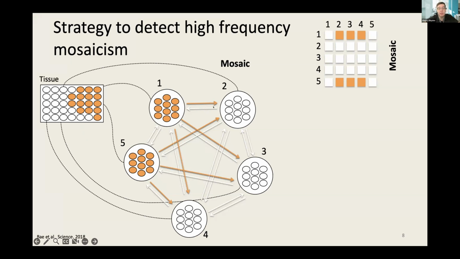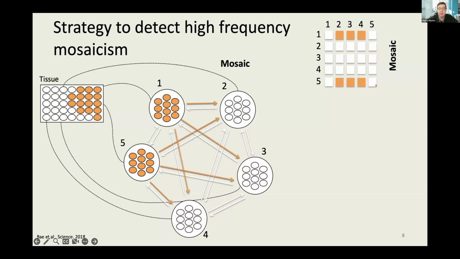Instead, we use an approach where we have multiple clones and compare them to each other. For a real mosaic somatic mutation, comparison of clone 1 to clones 2, 3, and 4 will identify it as a mutation. Similarly, for clone 5, we will also identify it. But when we compare 1 to 5, we won't find any differences. So there will be no hit for this mutation, and there will be no differences when we compare other clones.